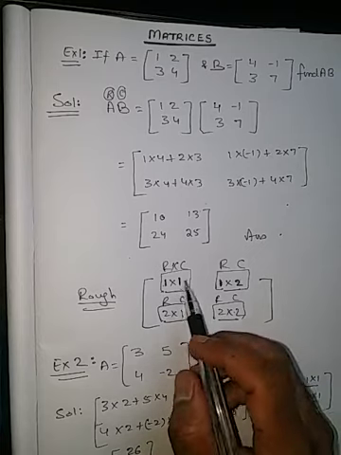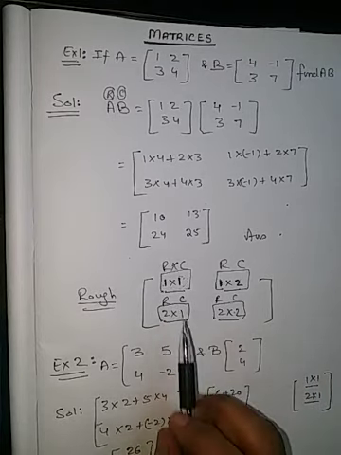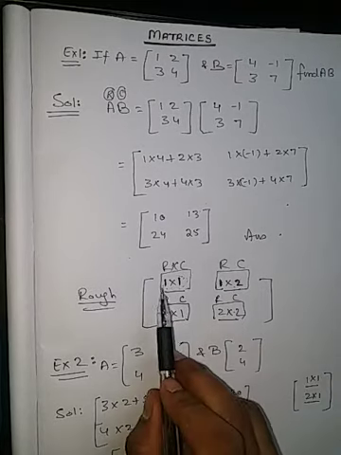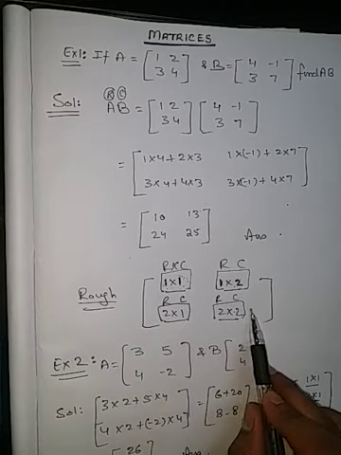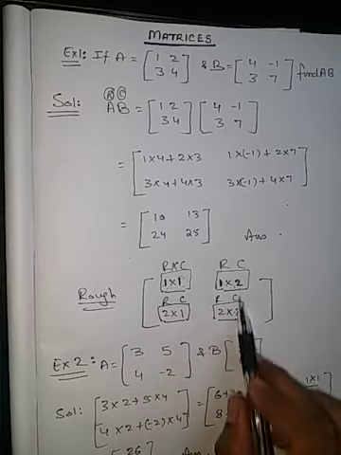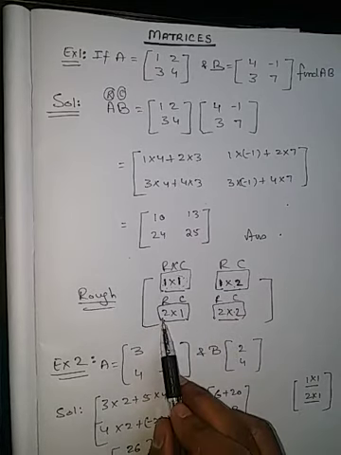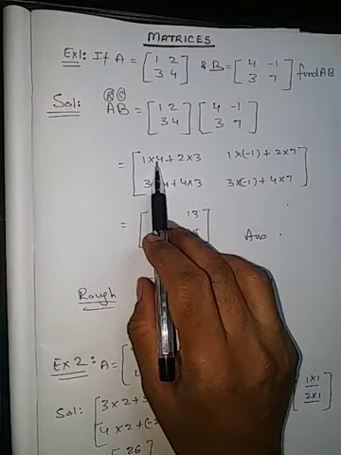So according to the positioning you have to write these values here: first row first column, first row second column, second row first column, second row second column. According to this you have to multiply.